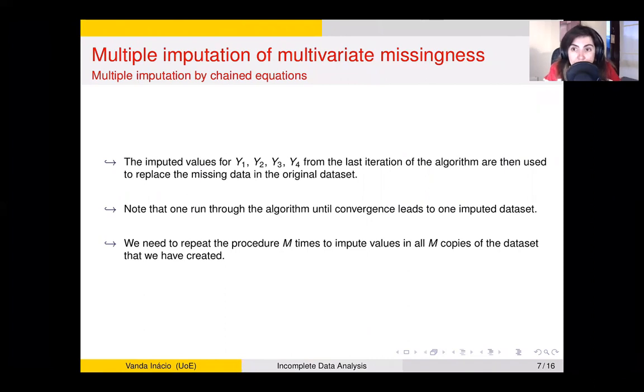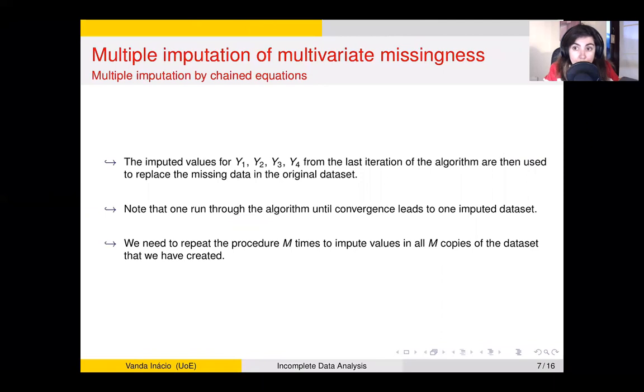The most recent values of y1, y2, y3, and y4, the most recent values imputed on these variables, okay? And then I use these values from the last iteration to replace them in my original data set.